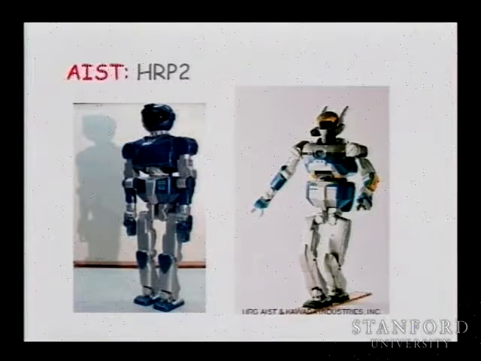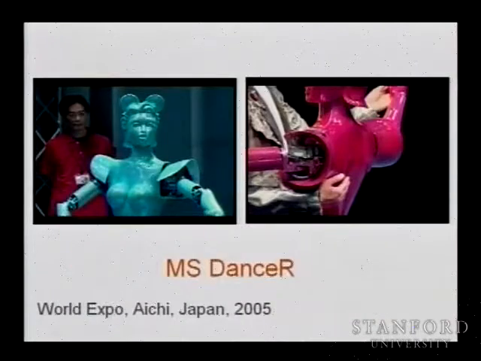There are a lot of different humanoid robots, especially in Asia, Japan and Korea. AIST built a series of robots, HRP 1, 2, and they are developing more capabilities for those robots.